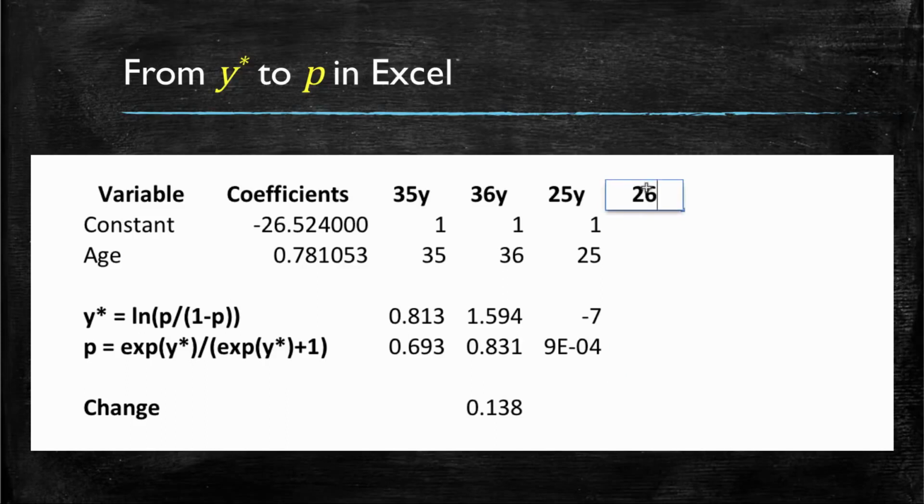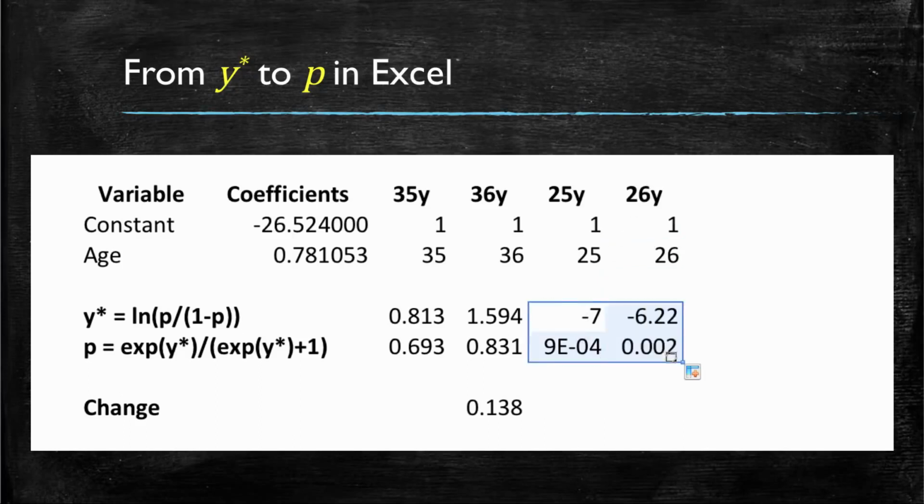At this level, if we grow by 1 year in age and have a customer with 26 years of age, the probability is now greater, but how much greater? How much did it really change?